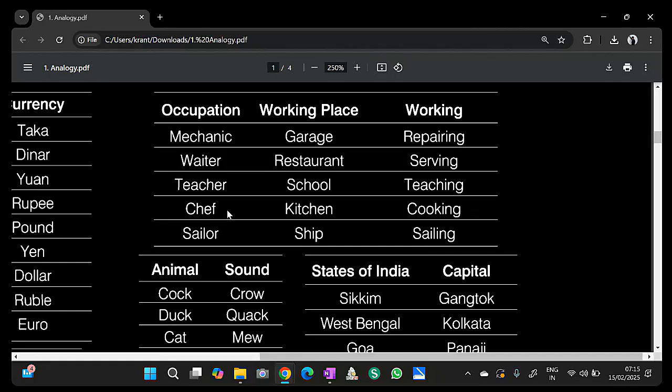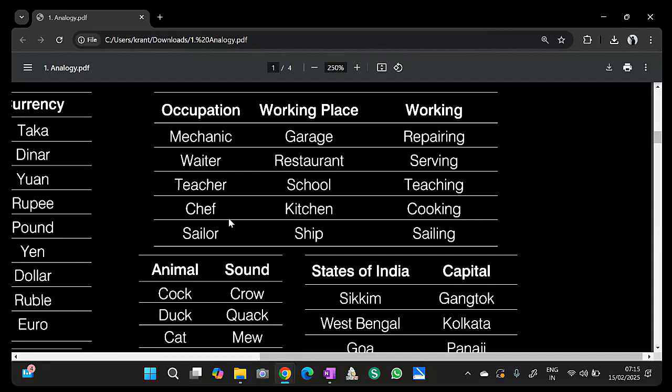Waiter: restaurant, and the working is serving. Teacher: working place is school, and the name of the work is teaching. Chef: works in kitchen, and the work is cooking. Sailor, who takes a journey on the sea water: working place is ship, and the working is sailing.